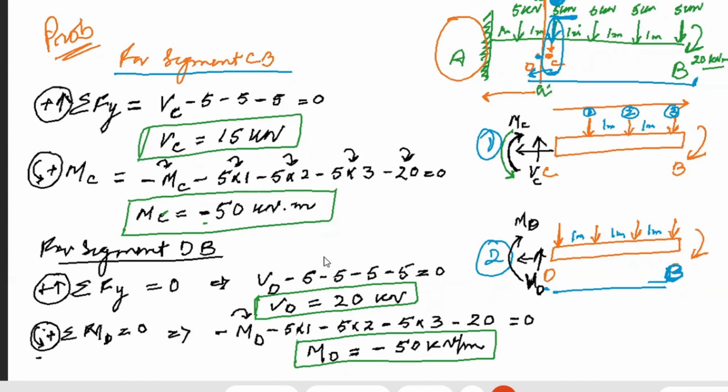Sir, excuse me, sir. Yes, Sahil, tell me. Sir, here 4 movements should have come, because there were 4 forces in DB. Okay, MD fine, minus 5 multiplied by 4 movements. Listen, Sahil. Why didn't 4 movements come? Because whenever we take a movement, we take the value of the force multiplied by the lever arm, the distance.